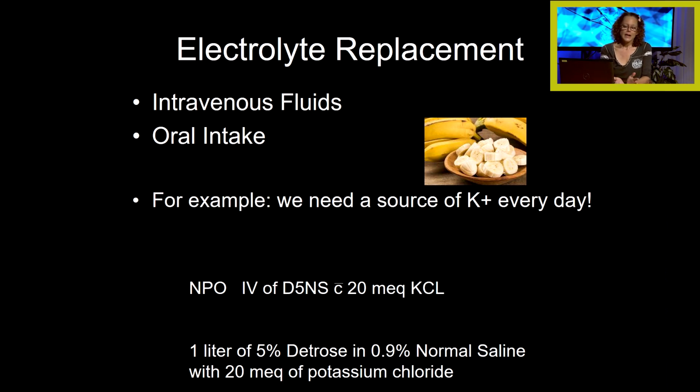So if we take a patient and we make them NPO, we might put them on an IV of D5, so dextrose 5%, that's a little bit of sugar, in normal saline, there's a little bit of salt, with 20 milliequivalents of potassium chloride because we need a source of potassium every day. So 1 liter of 5% dextrose in 0.9% normal saline with 20 milliequivalents of potassium chloride.